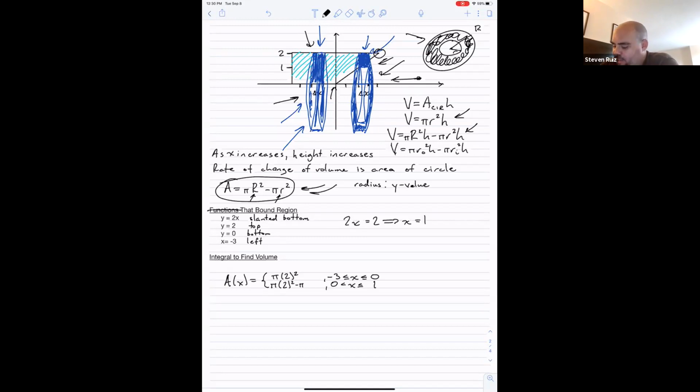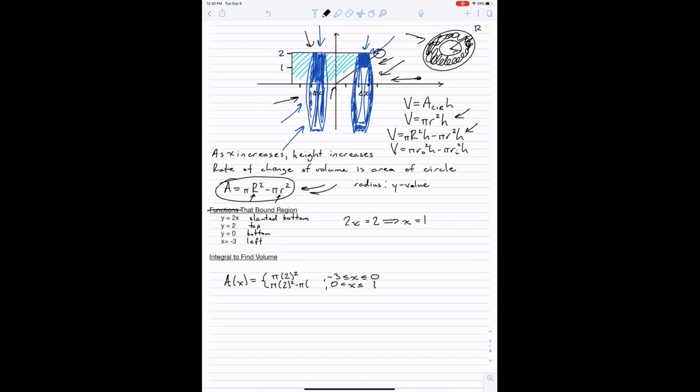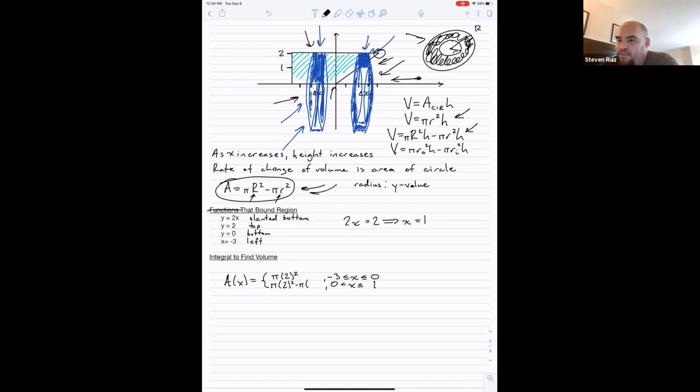The outer radius didn't change. What is the inner radius? 1? Not 1, because that's just the x value where this ends. So now I have to figure out what the inner radius is going to be anywhere. I have to generalize it.